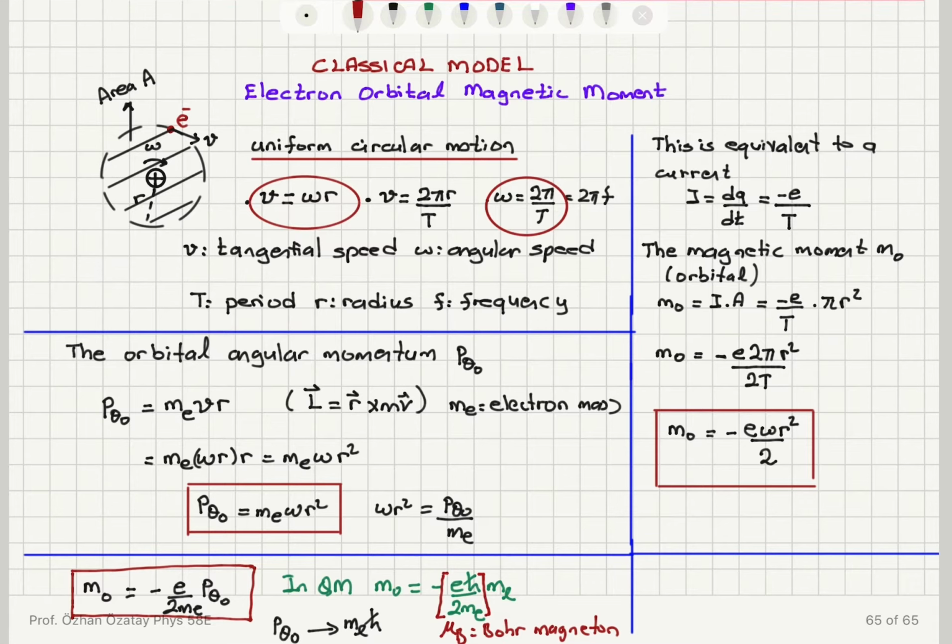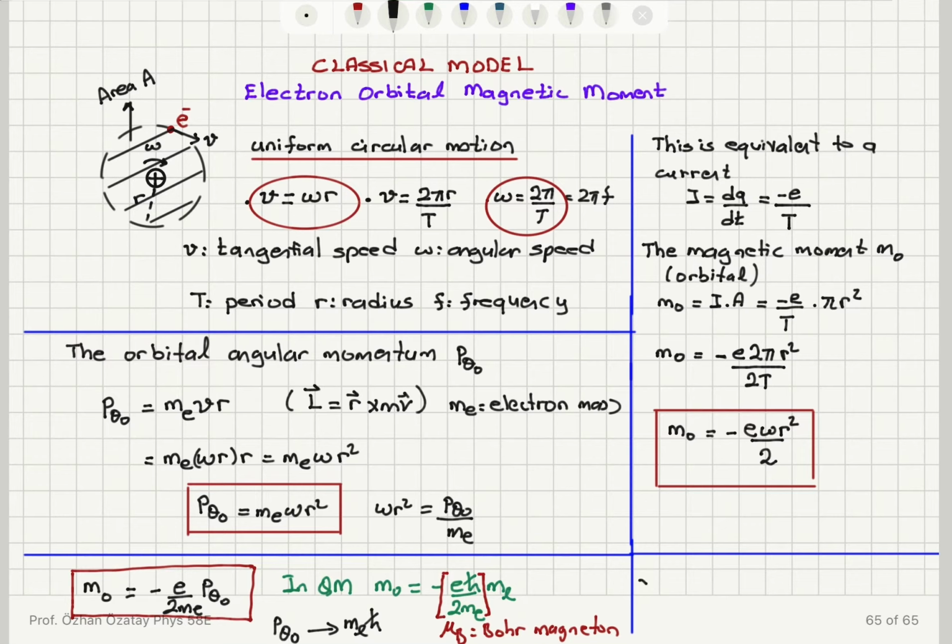And the classical result just tells us minus E over 2 mass of the electron times the orbital angular momentum. So this is the contribution we obtain using the classical model, and I have just given you the result from quantum mechanics.